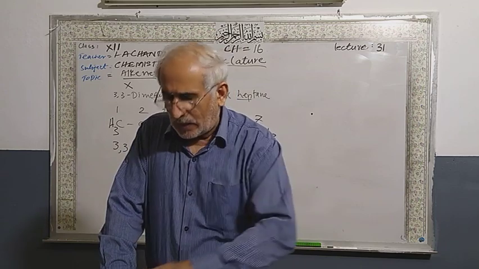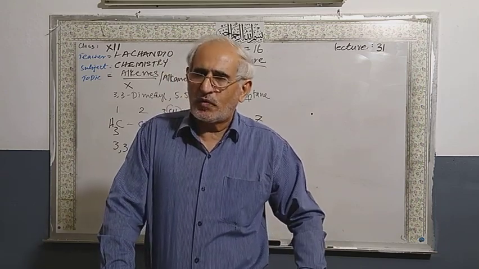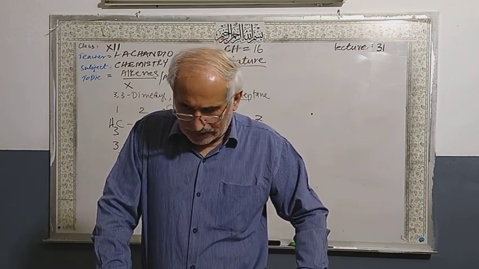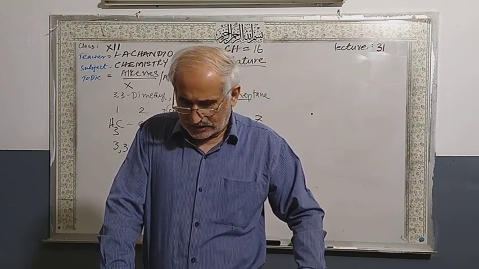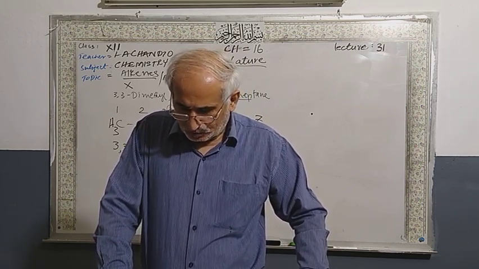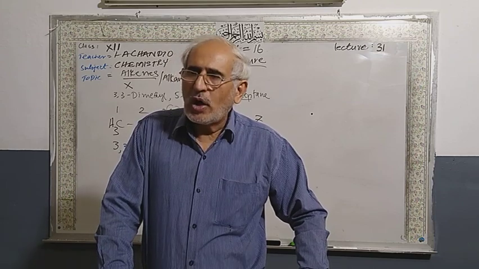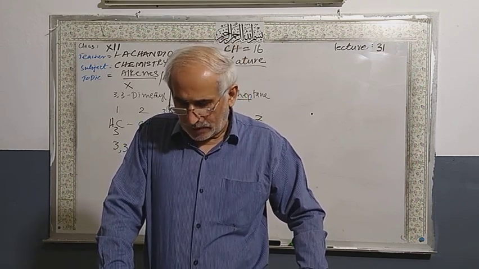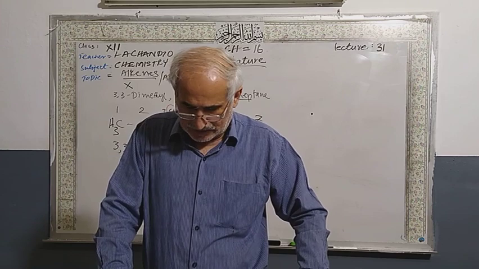So you can see the boiling points and melting points of these organic hydrocarbons. The longer the chain, the higher the melting point and boiling point, you can see the difference.